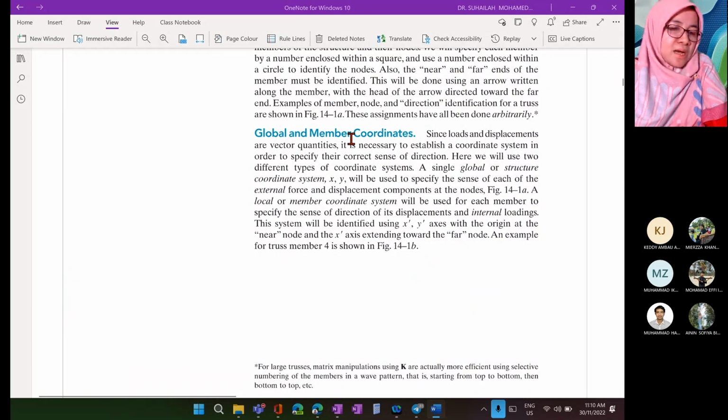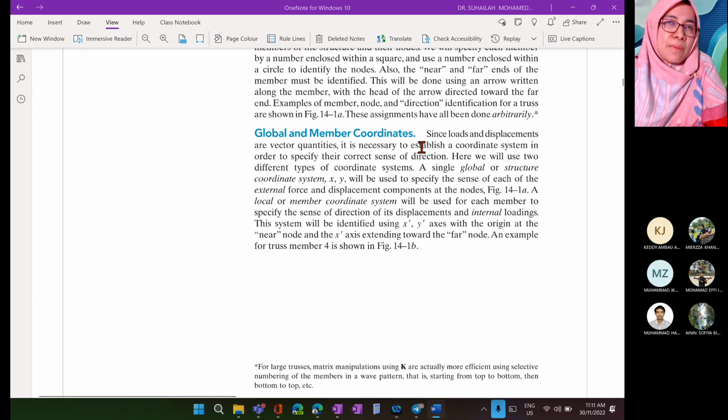As I said just now, this is the method used in all structural engineering software. And as far as you know, when we need to model any structure using software, we have to understand the coordinate system. So it will be based on the global coordinate system.